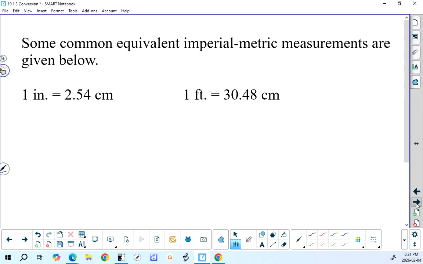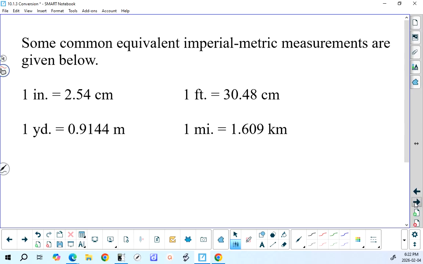It's also the case that 1 foot is 30.48 centimeters. 1 yard is 0.9144 meters. 1 mile is 1.609 kilometers. I want to point something out to you about the yard statement.